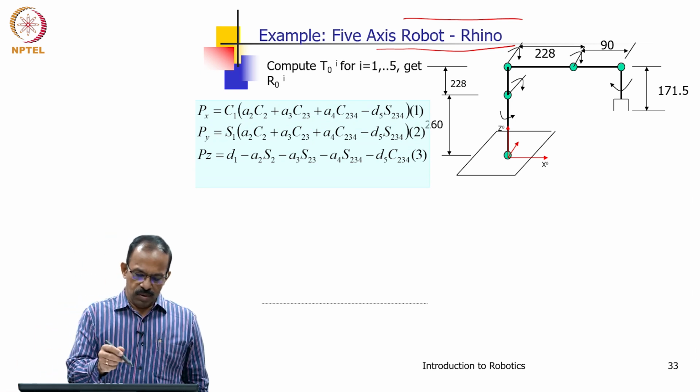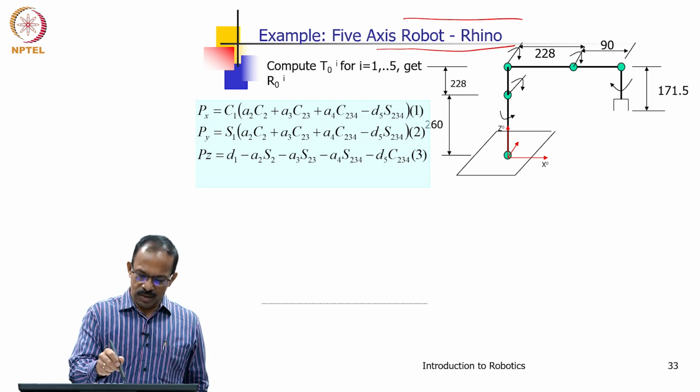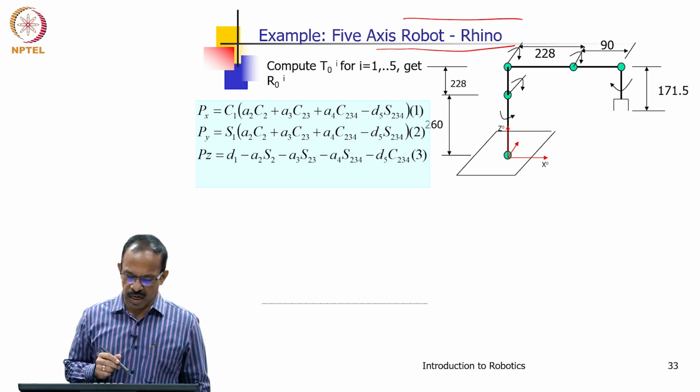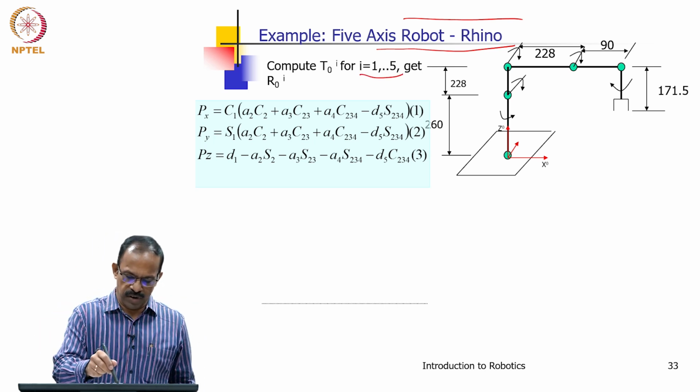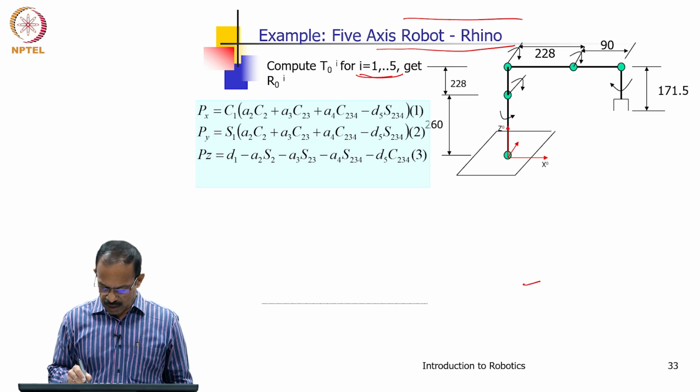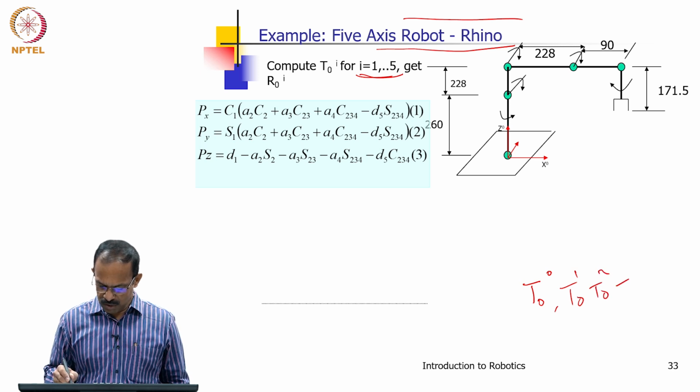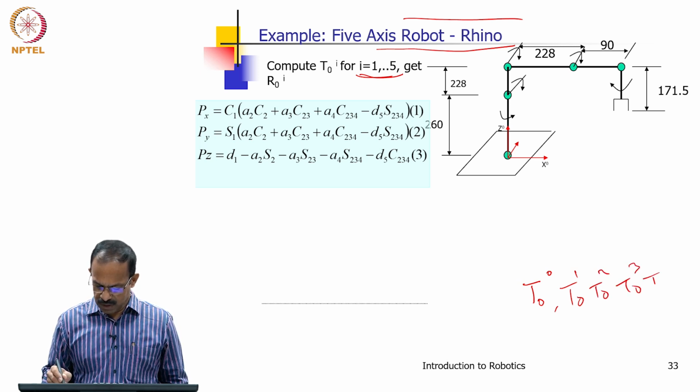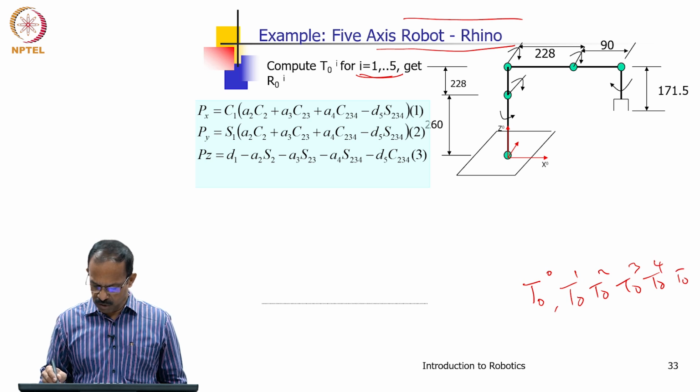Okay. So, we need to have the transformation matrices calculated for all i equal to 1 to 5. Initially we need to calculate T0 0, and you need to calculate T0 1, T0 2, T0 3, T0 4 and T0 5 should be available.